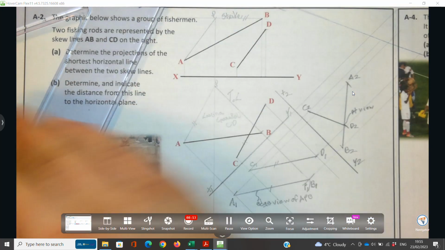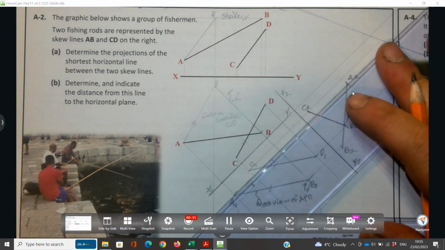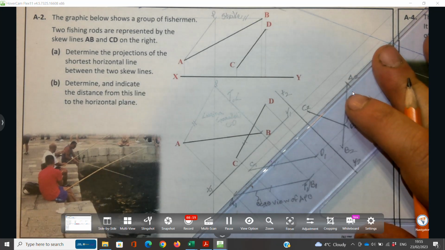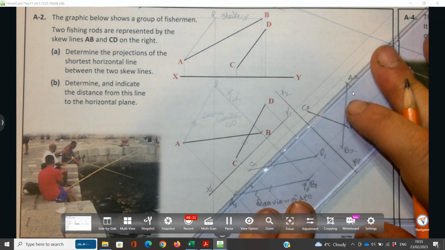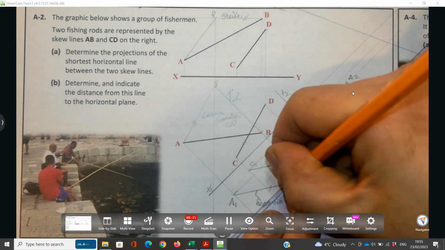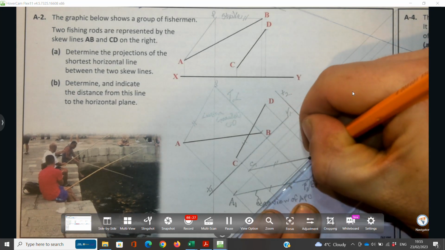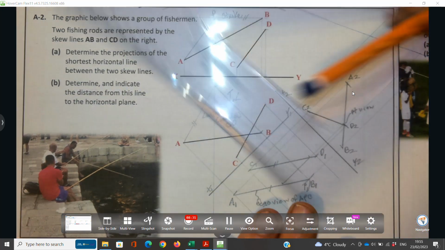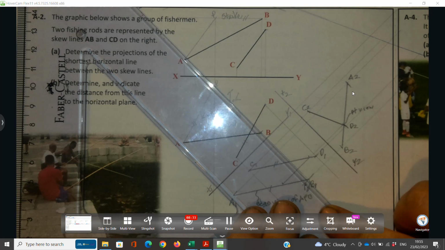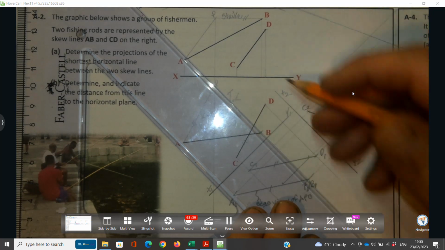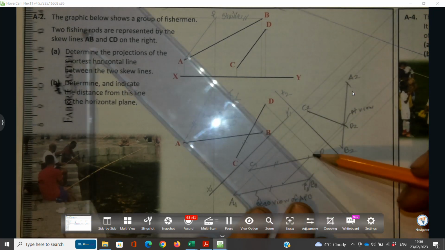I'm going to project that line now back to plan. Sorry, I said point view. It's the shortest horizontal distance as a true length.